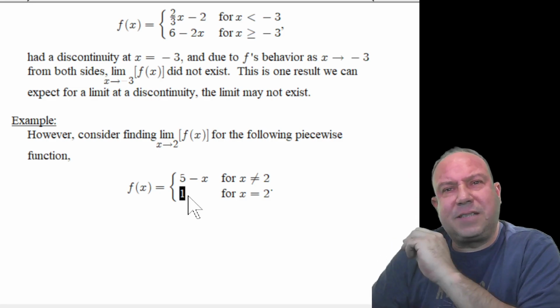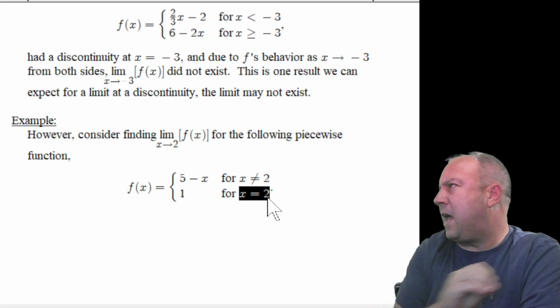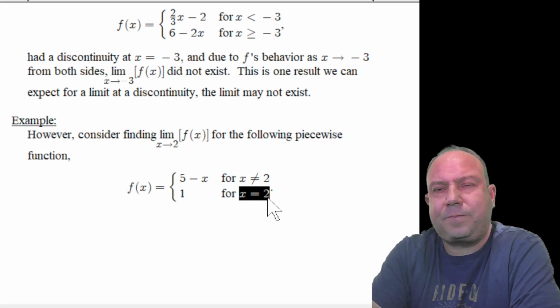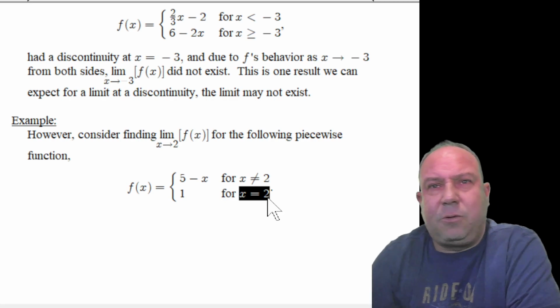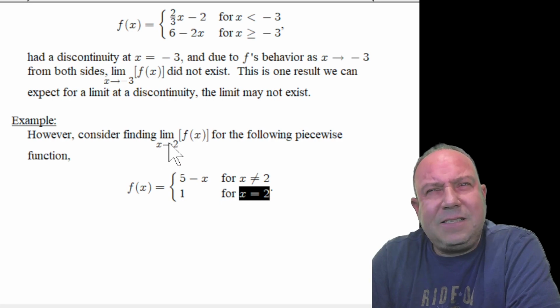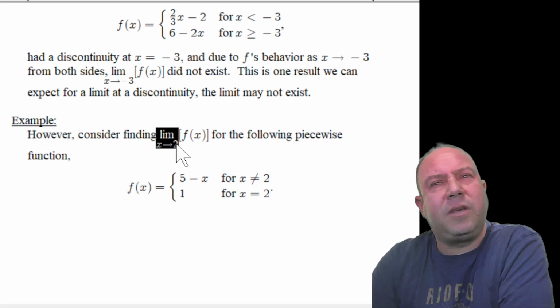The second piece is constantly the value 1, but that's not a lot of places. That's only when x is equal to 2. But what we uniquely note at x equal to 2, that boundary value, is the value we're approaching within our limit.